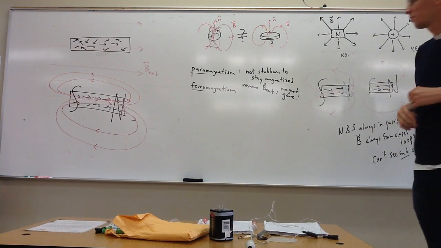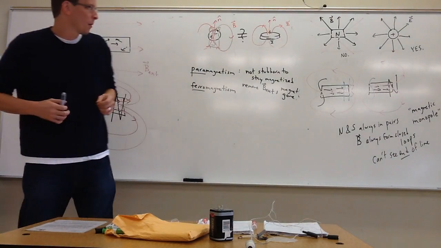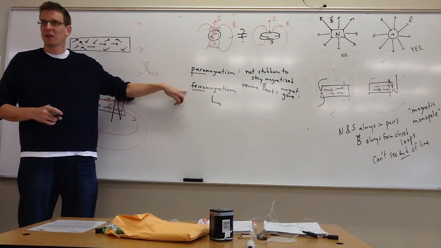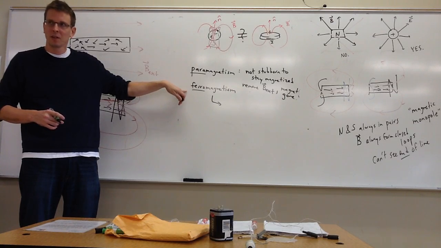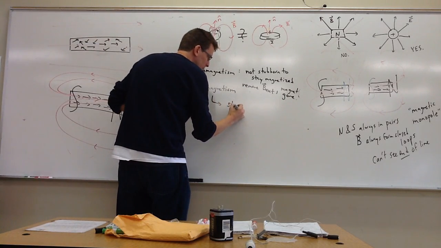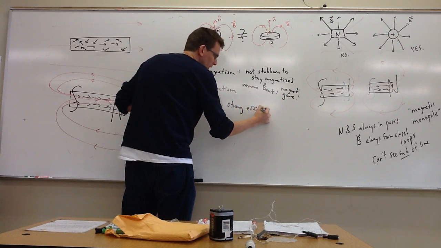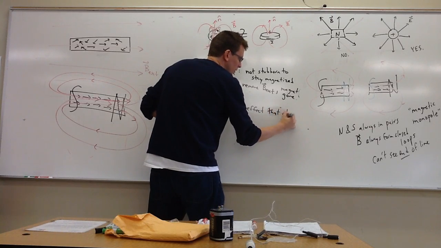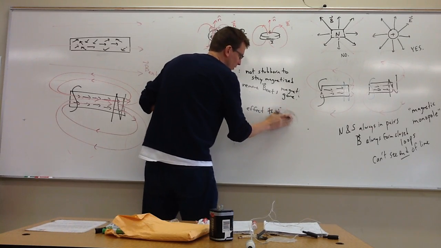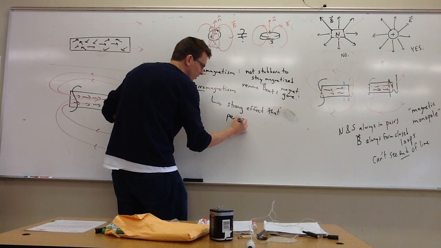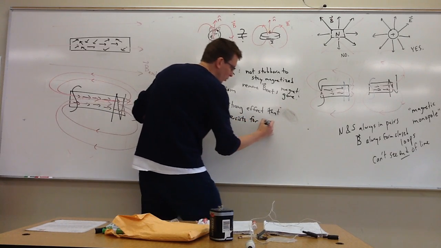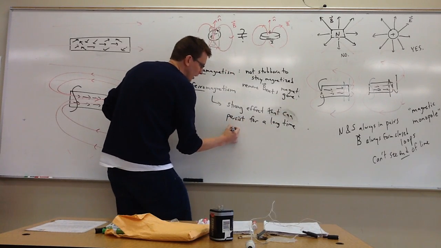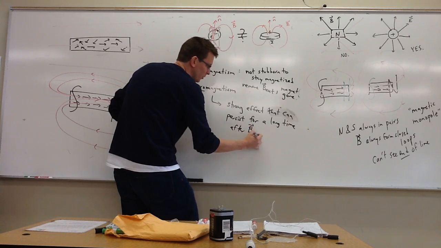Okay, paramagnetic materials don't show as much of an effect. But there is a class of materials named after one type of material. What is ferro? What does that mean? Iron. Where it's a strong effect that persists for a long time, I should say, can persist for a long time after the external field is removed.